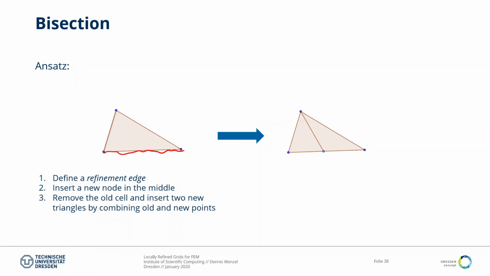We'll talk about this in a minute. So you define a refinement edge, then you add a new node in the middle of this edge, and then you remove the old cell and replace it by two new ones. So that's as simple as it gets. There is no way of doing a refinement that is simpler than bisection, because you cannot do less than cutting into two.